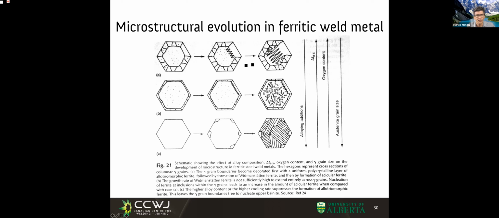So if we cool down faster, then we have quite a bit of these structures here, this ferrite that nucleates inside through bainitic processes. And if we cool down really fast, right, we have this very much finer bainitic structure. And actually, they didn't put it here, but if you go too fast, it's all martensite, right?